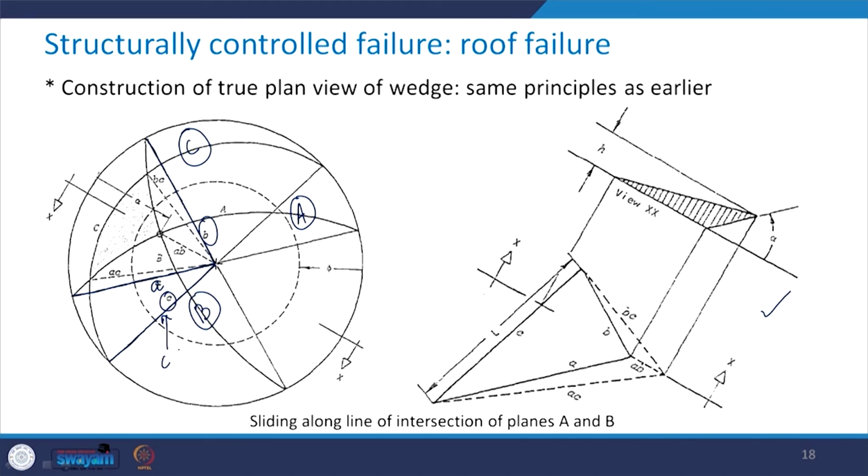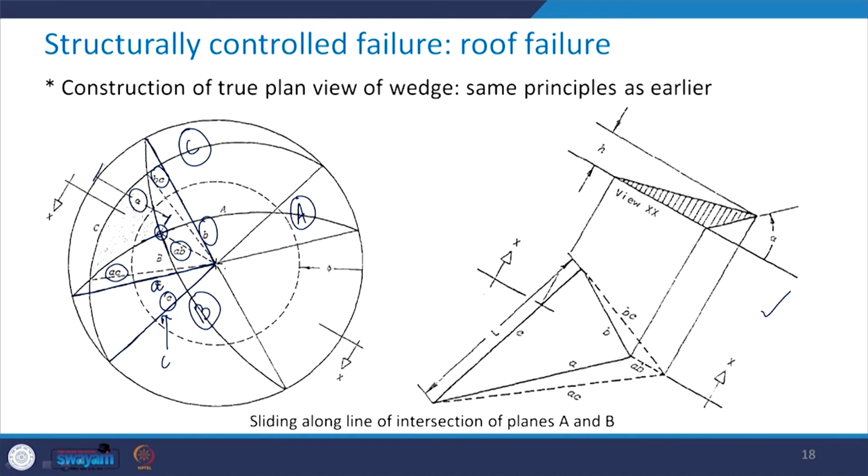Now, wherever they are intersecting, so see here, this is the A great circle, this is B great circle, and intersecting here, join this with the center and you get AB. Similarly, you will get AC and you will get BC, and you can find out the angle alpha in such manner which is shown here.